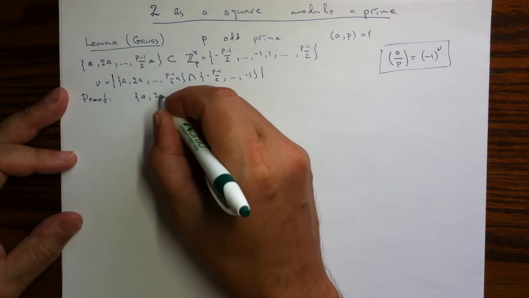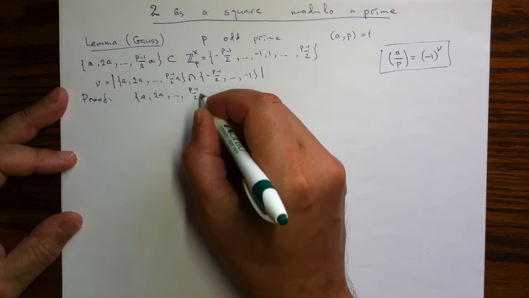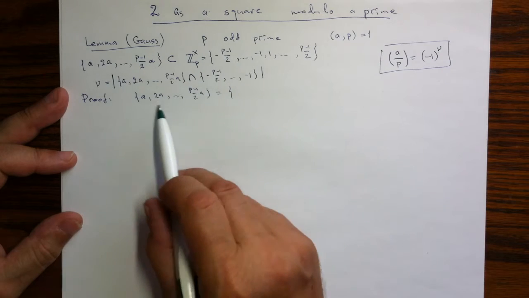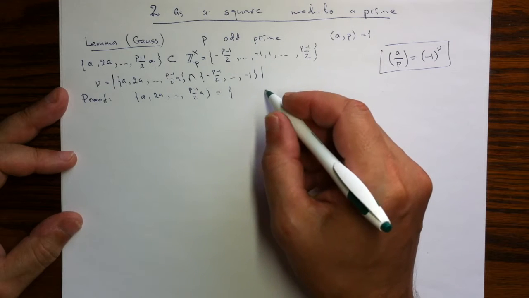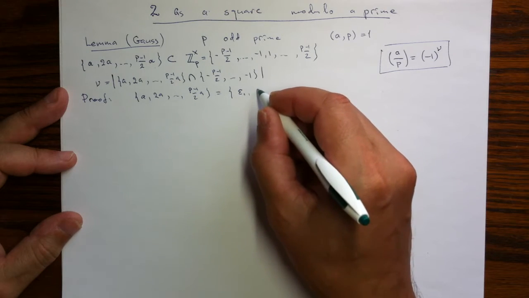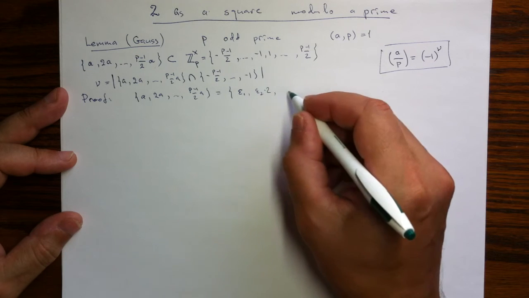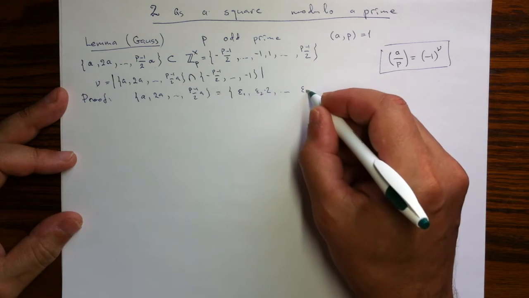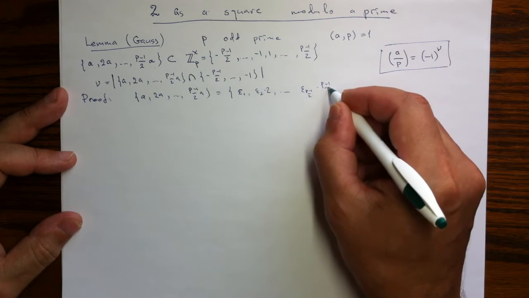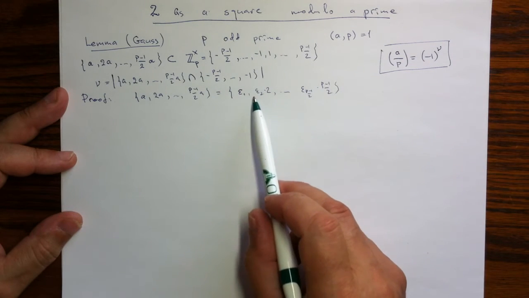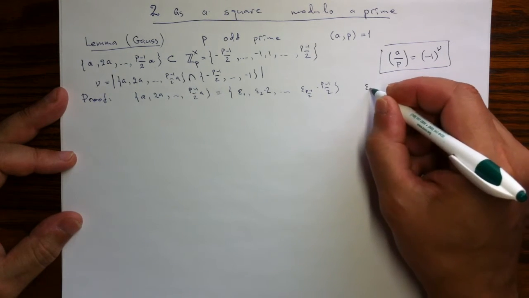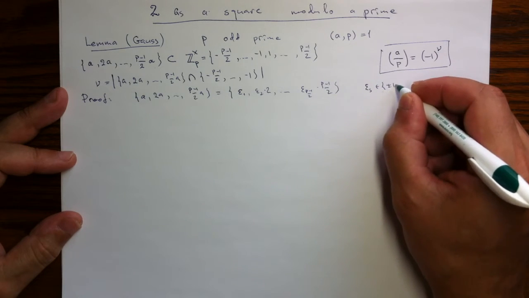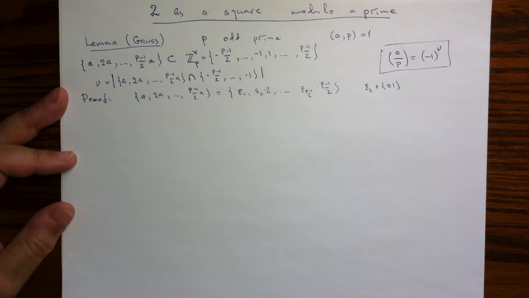That is equivalent to saying that if I turn those numbers into remainders in this range, then there will be some sign times 1, some sign times 2, all the way up to some sign times (p-1)/2. So these numbers from 1, 2 up to (p-1)/2 will appear with some sign. These epsilons are just signs. And that is straightforward to see just by construction.